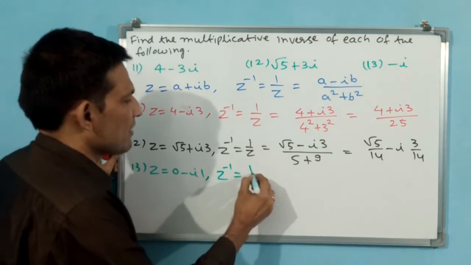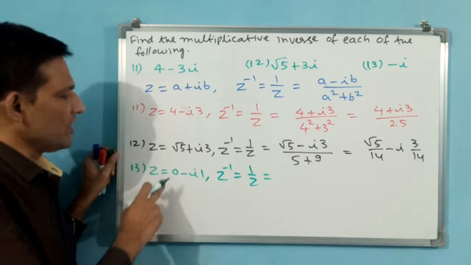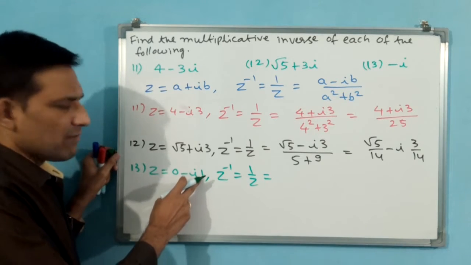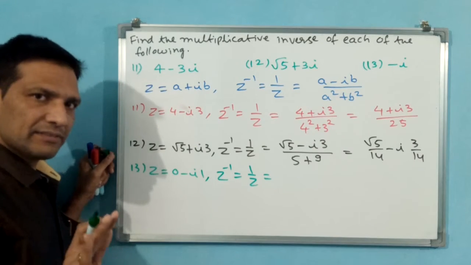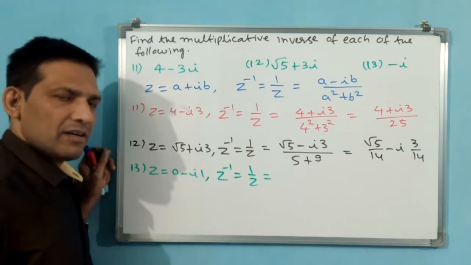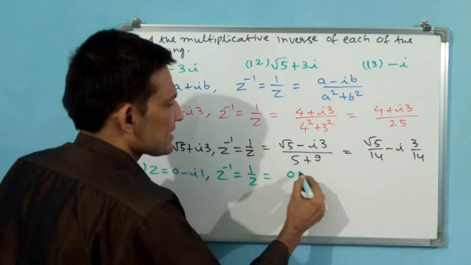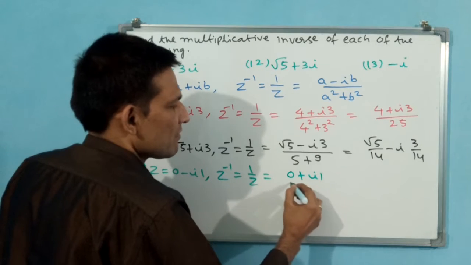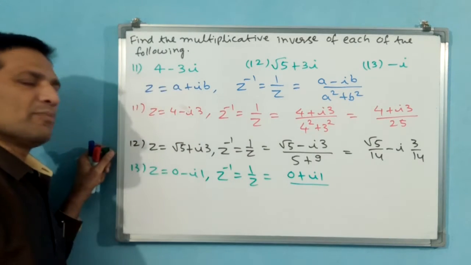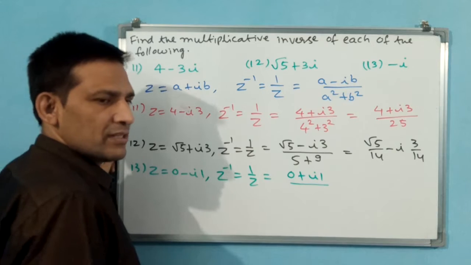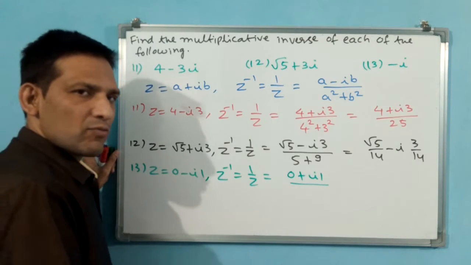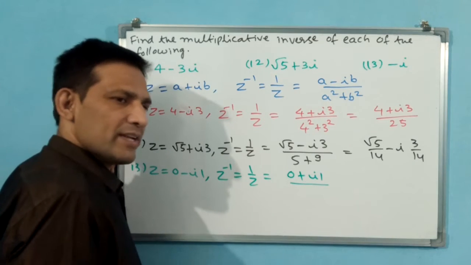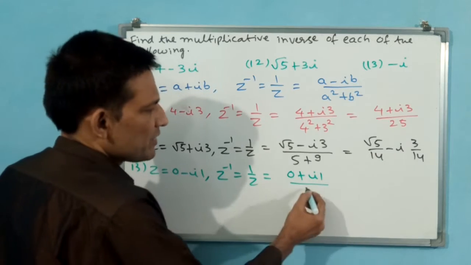Z inverse, or 1 by Z, is equal to numerator 0 plus I1 divided by 0 square plus 1 square. 0 square is 0 only, 1 square is 1, so that means 1.